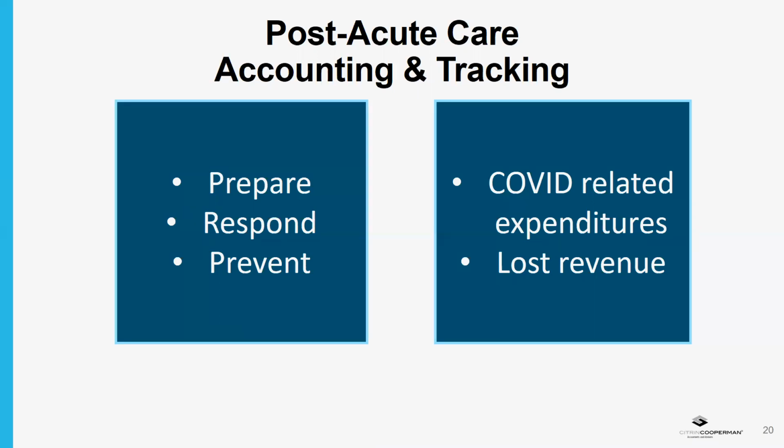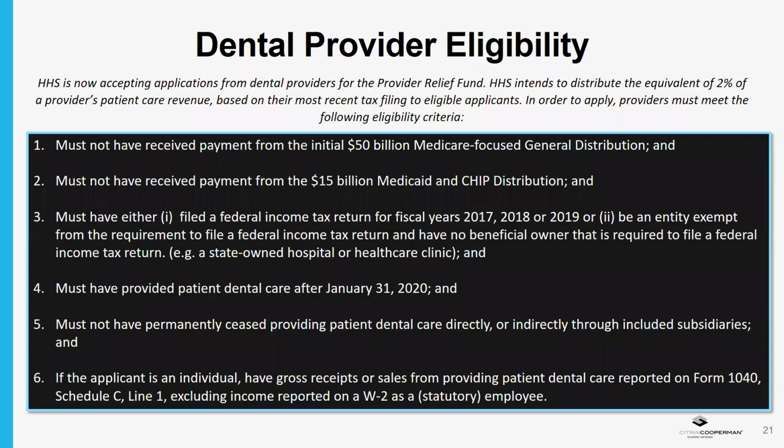So you really need to look at all these items when you're trying to evaluate your lost revenue. So with that, I'm going to pass it along to Gary, and obviously we'll take questions at the end.